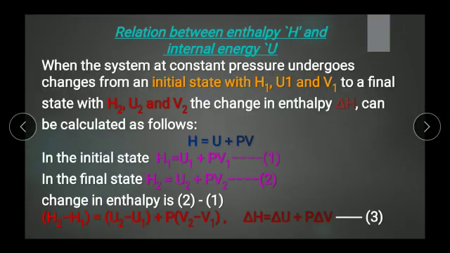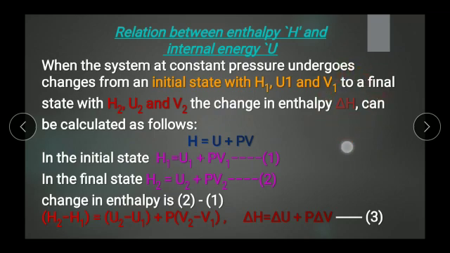Relation between enthalpy H and internal energy U. When the system undergoes changes at constant pressure, the initial state has H1, U1 and V1 and the final state H2, U2 and V2. H is enthalpy, U1 and U2 are the initial and final internal energy, V1 and V2 are the initial and final volume.